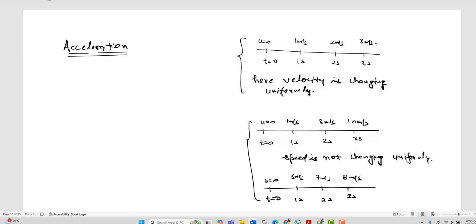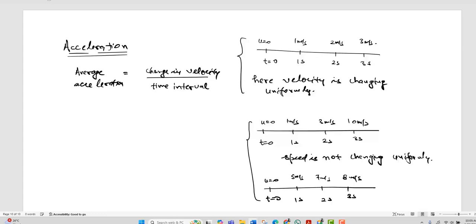So we are defining average acceleration. Now that average acceleration is equal to change in velocity. If it is in one direction, then you can write it as change in speed also, divided by the time interval.